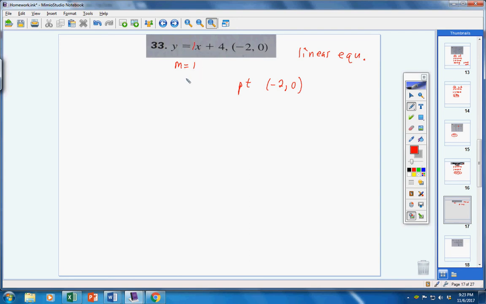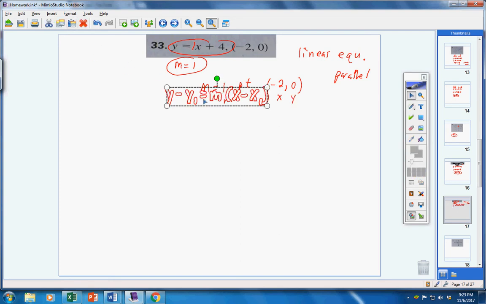Now, if the line I'm looking for is parallel to this line here, which it is, then they have to have the same slope. So if this line's slope is 1, then the line I'm trying to write the linear equation for must also have a slope of 1. So here we go. Here's my m, here's my x, here's my y, here's my formula.